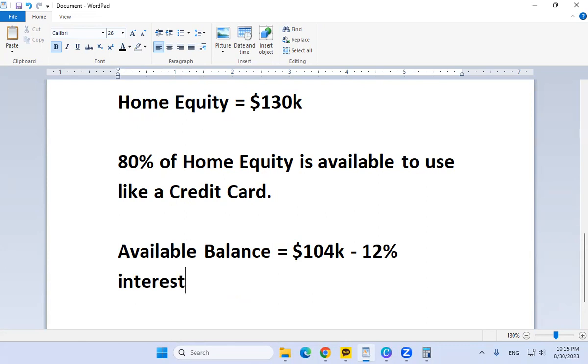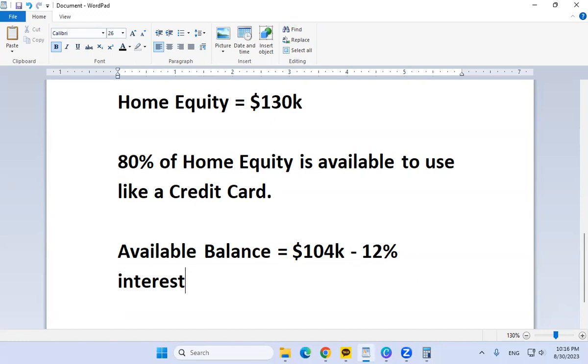Again, it depends on the lender, but they're basically saying we just gave you a big credit card and you could withdraw money into your checking account whenever you want, and as soon as you withdraw it, we charge you 12% interest. And so this is a great tool for doing velocity banking because you get bigger limits and the interest rates are usually cheaper than a personal line of credit and a credit card.